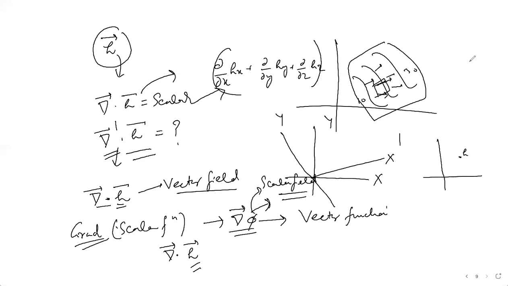For example, if there is a body rotating with some frequency omega, and a particle is sitting somewhere, its velocity will always keep changing direction. That sort of field is always a vector field.